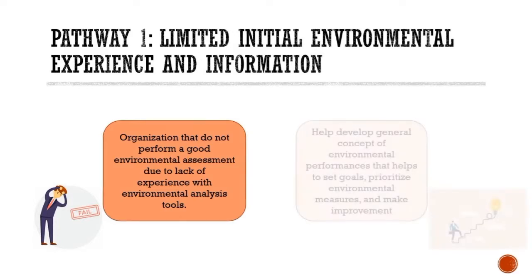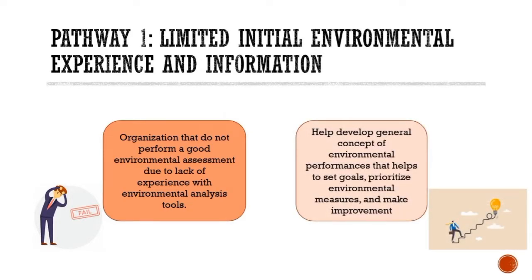OLCA can help develop the general concept of environmental performances that helps to set goals, prioritize environmental measures, and make improvements. OLCA helps prioritize the analysis of where value can be added, at the organization or product level, to identify high-impact activities and products in their own businesses and their value chains.